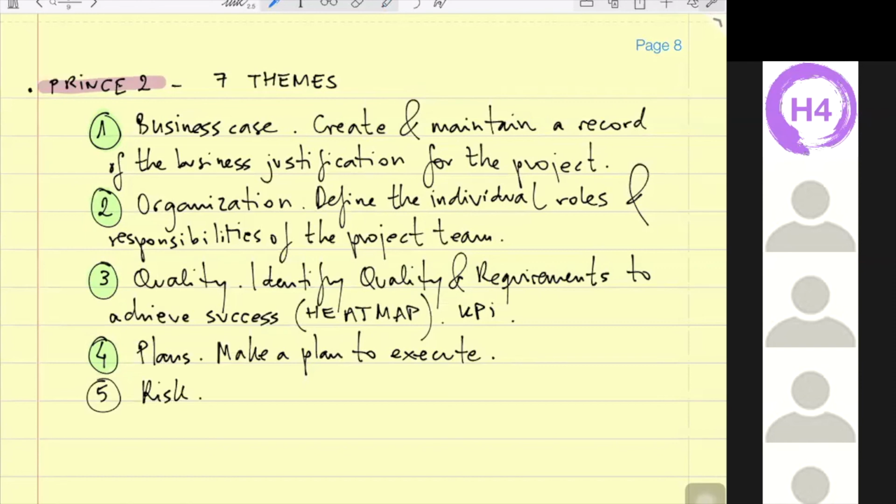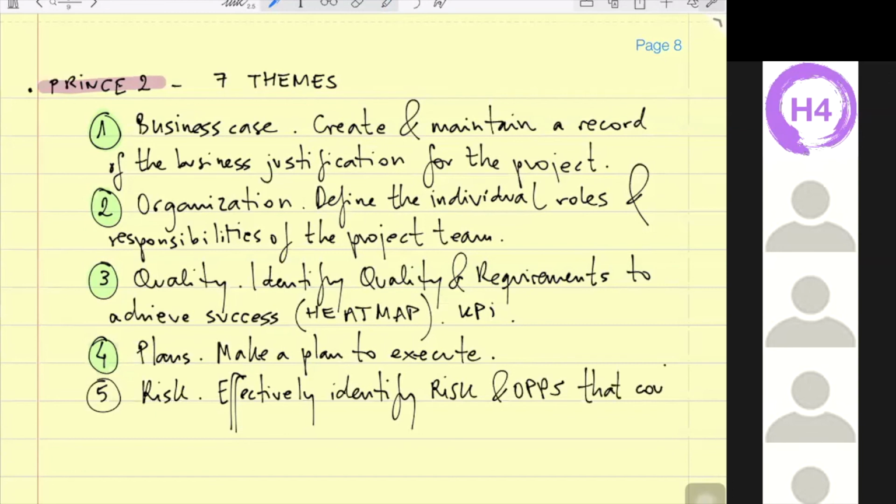Effectively identify the risk and opportunities that could impact the project.